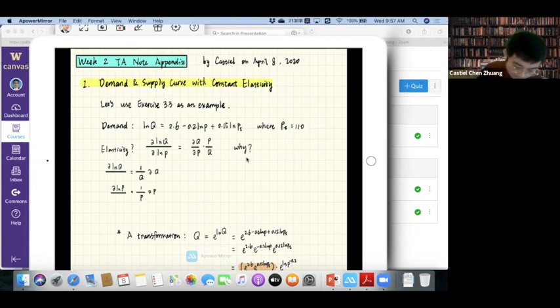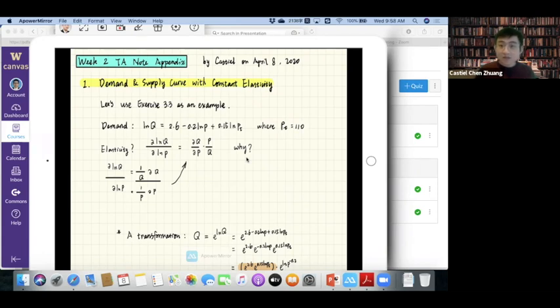And then let me erase the underline. Just divide each side, and then you will get this formula. So we have two different expressions of the formula of the elasticity.